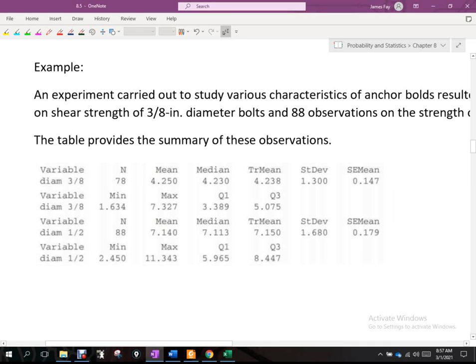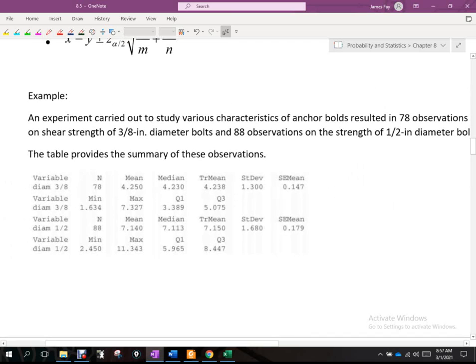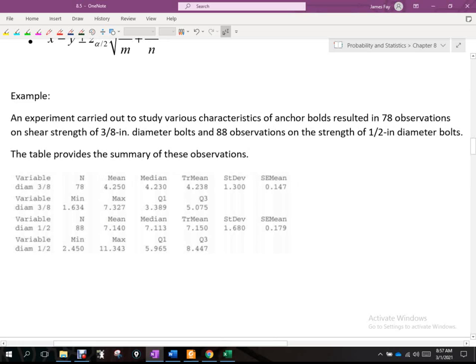Okay. Here it says an experiment carried out to study various characteristics of anchor bolts resulted in 78 observations on shear strength of 3/8-inch diameter bolts and 88 observations on the strength of 1/2-inch diameter bolts. Okay, everybody know what a bolt is, right? Okay, what's shear strength?